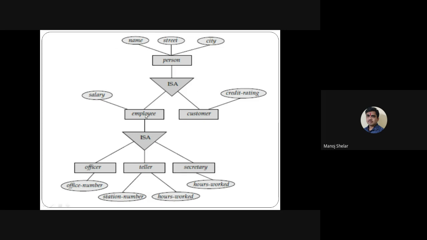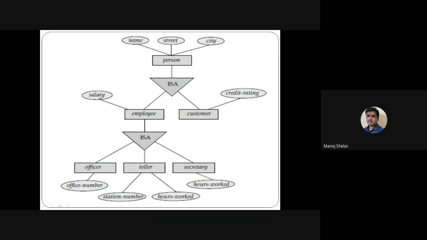Then employee is an officer, employee is a teller, employee is a secretary. Employee is a higher level entity, and officer is a lower level entity, with its own attribute office number.